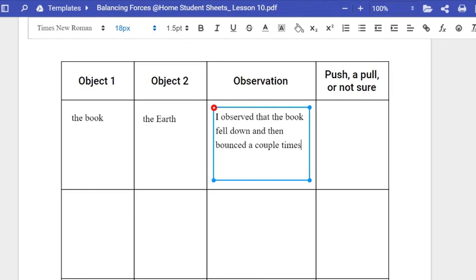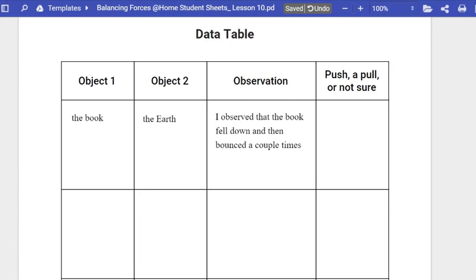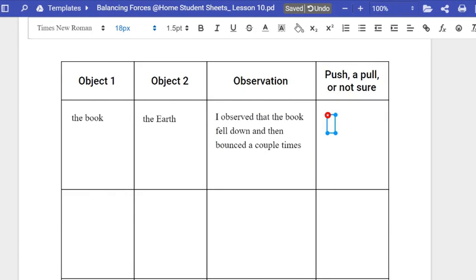So the person was holding it and it fell down and bounced a couple times. I'm just writing what I saw. And then in the last box, we have to write whether we think that was a push, a pull, or not sure. And remember, we learned that gravity is a pull. I think that was a pull.